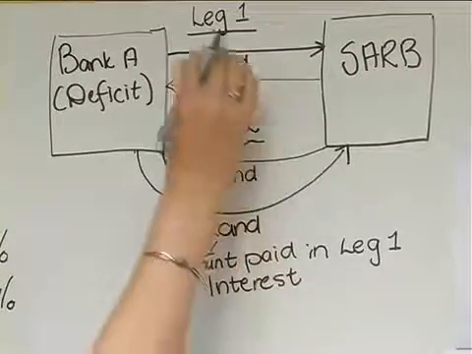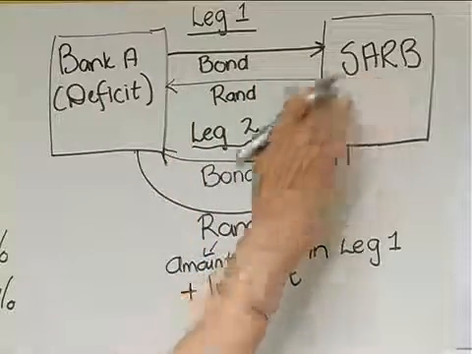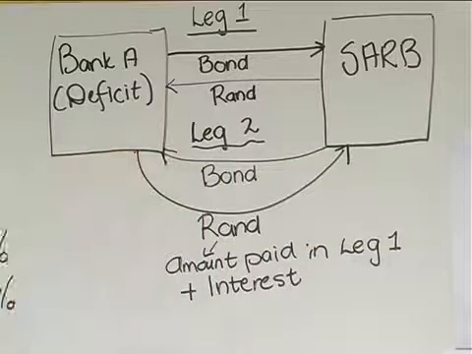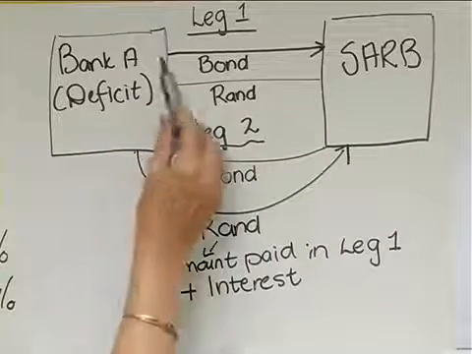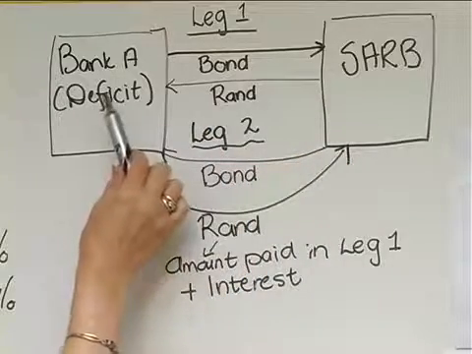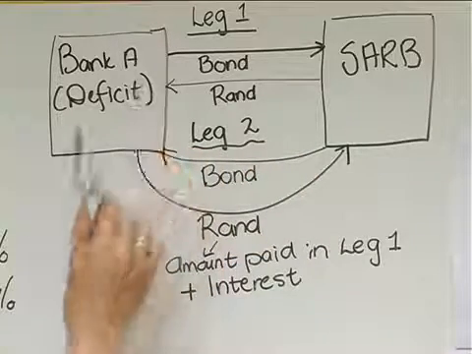So in the first leg, the bond will flow to the Reserve Bank. In the second leg, the bond will flow back to the bank that experienced the deficit. In the first leg, money will flow to the bank, and we're going to discuss how this amount is going to be calculated now.